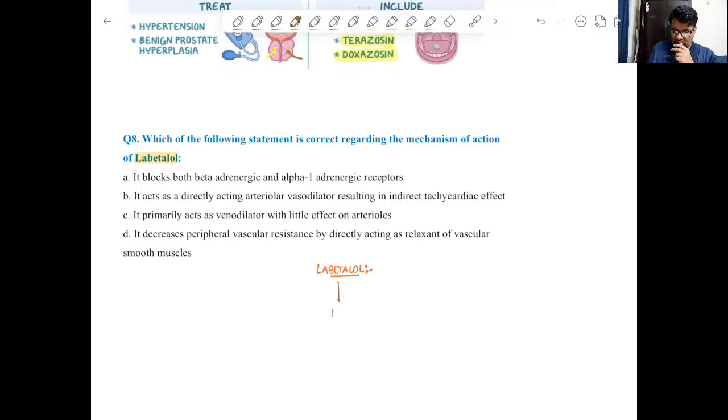So if we talk about mechanism, it acts on alpha 1 adrenergic, and it also acts on the beta adrenergic.